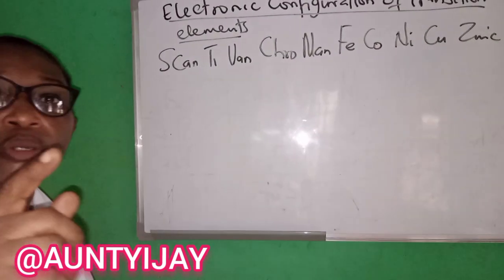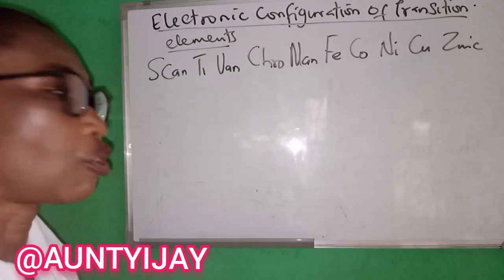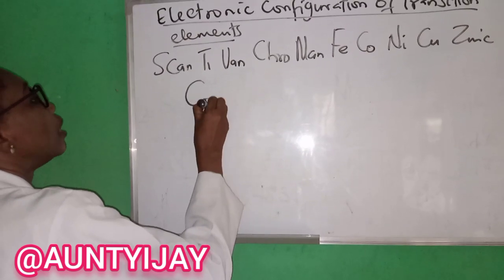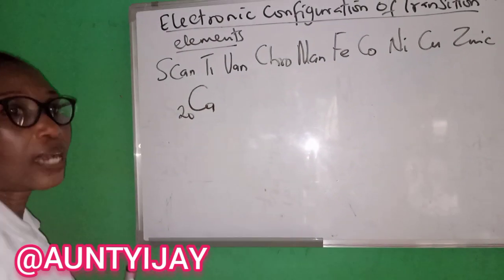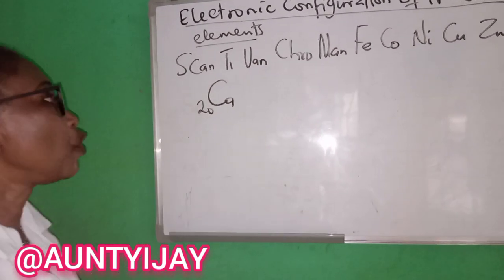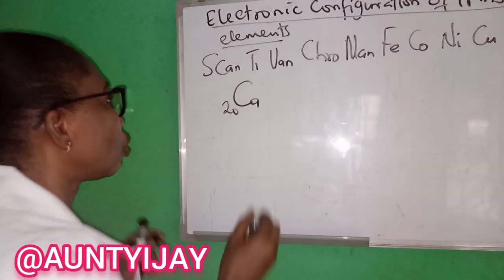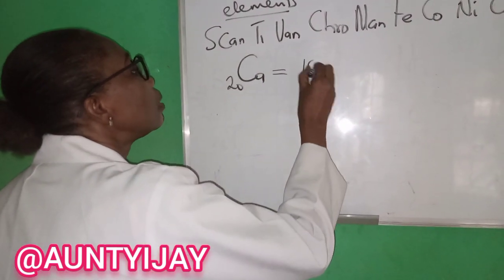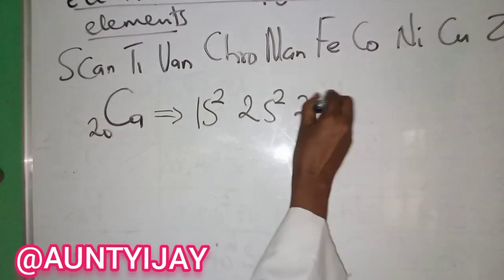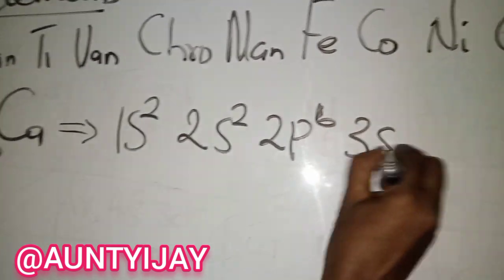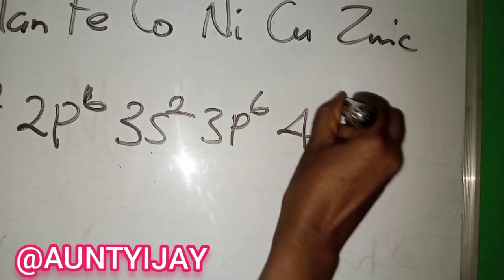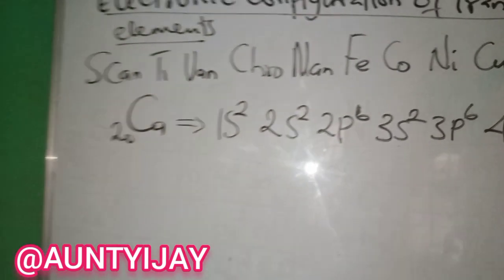Calcium, Ca, has the atomic number of 20. If we are to write the electronic configuration of calcium 20, we will get 1s2, 2s2, 2p6, 3s2, 3p6, and 4s2 for calcium.